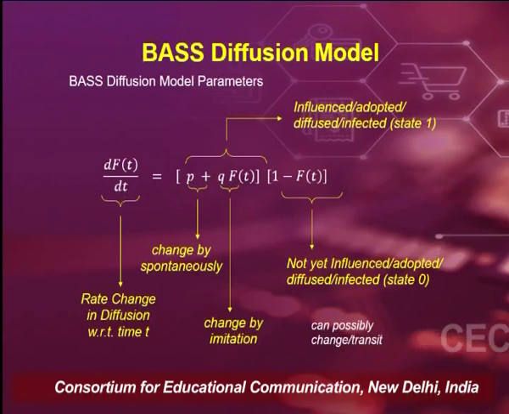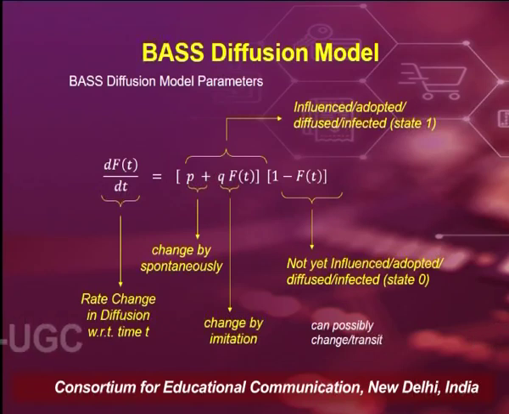The first term is basically showing the people who are getting the idea, have come to know the concept, and have transited to state 1. And the second term is those in state 0 who are yet to get influenced in the diffusion process.